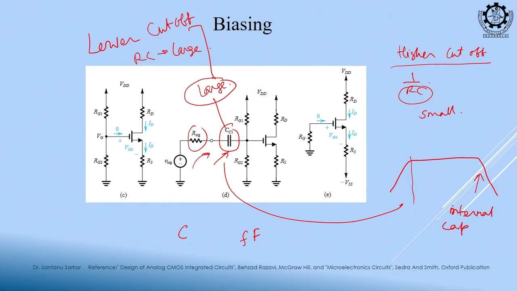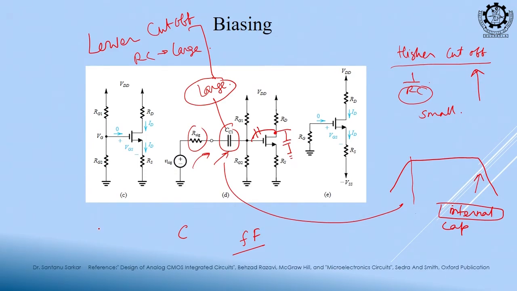Internal cap means suppose this wire has some cap, the drain to bulk has some cap, right, parasitic capacitances. The drain junction with the bulk junction will form a capacitance, and the drain junction with the gate will form a capacitance. So, all of these are known as the internal capacitance and they are of very small value. So, if you take the inverse of that, that will be responsible for the higher cutoff. Getting my point? So, if any frequency is falling, that means some impedance is changing, right.